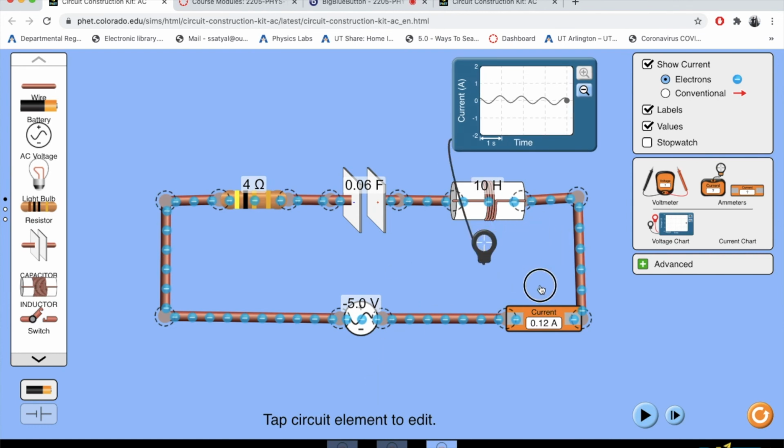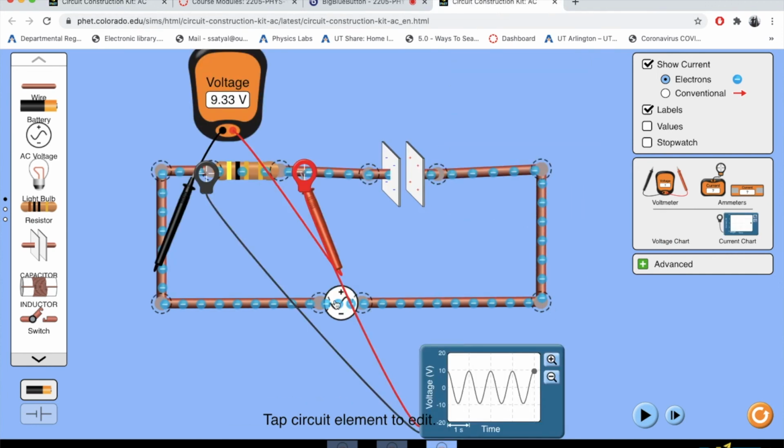I found a major current here. This AC source provides a certain voltage, right? Here you're not going to get the same voltage value across R. First of all, it is oscillating, and it's not what you provide here.